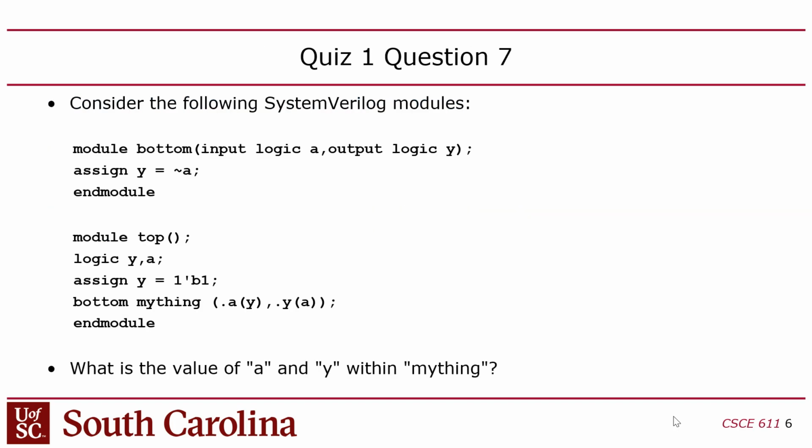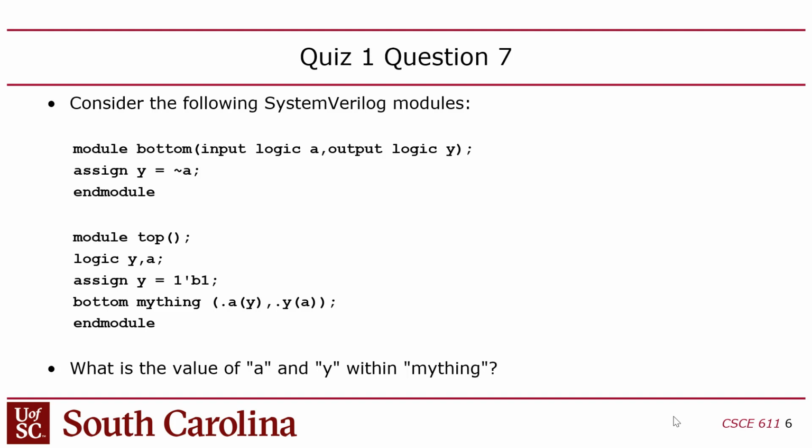Consider the SystemVerilog modules. What's the value of A and Y within my thing? So we have something called top. Top instances something called my thing. Top has both behavioral code in it with this assign, and structural code in it with this instantiation of this bottom module.